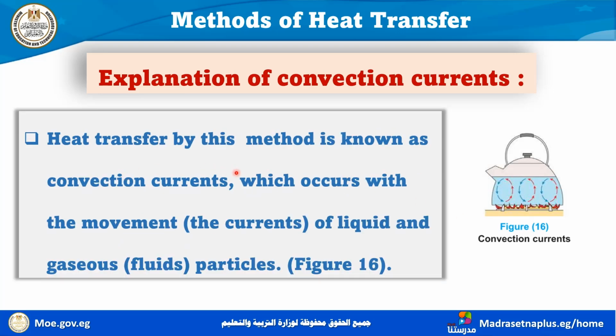So heat transfer by this method is known as convection currents. This is the convection currents that we have talked about, which occur with the movement or the currents of liquid and gaseous fluid particles, like here in figure 16.